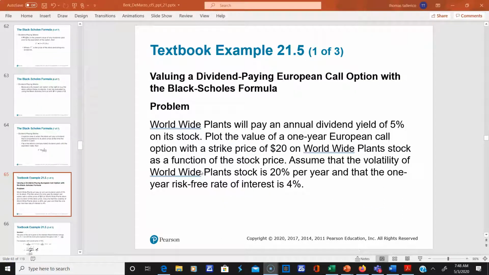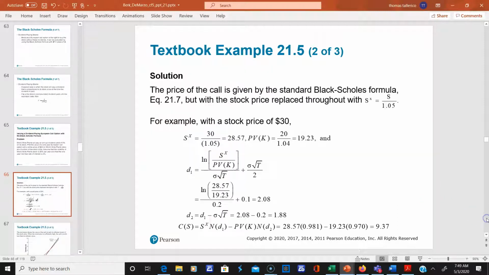So another point I want to make is with the little mathematical logistics here. You can value a dividend-paying European call option with the Black-Scholes formula, and they do that in this example here. And again, they go through the math, which gets a little messy here, right?